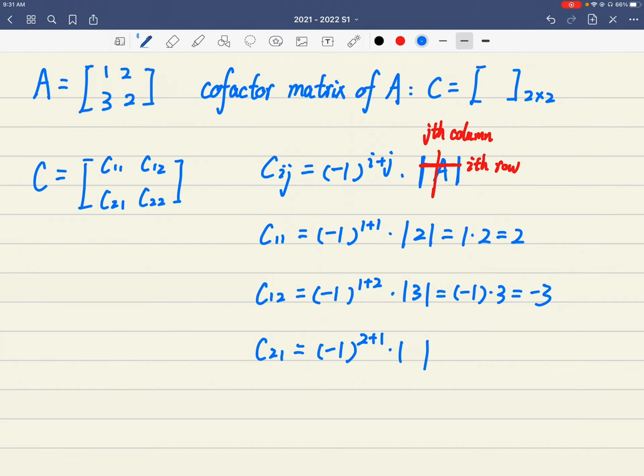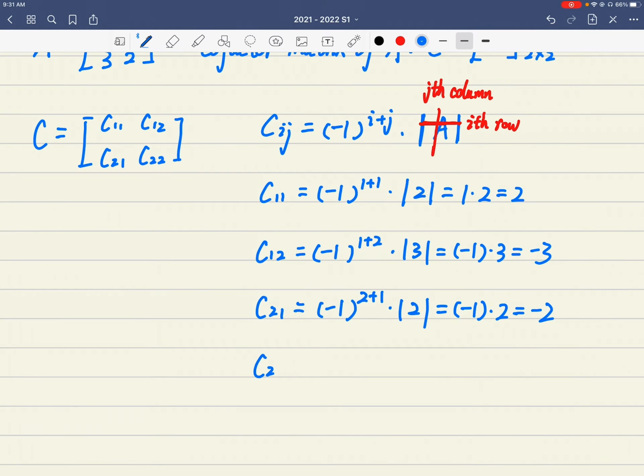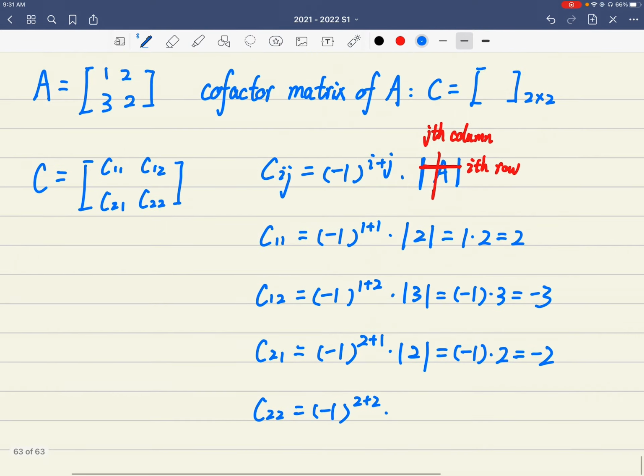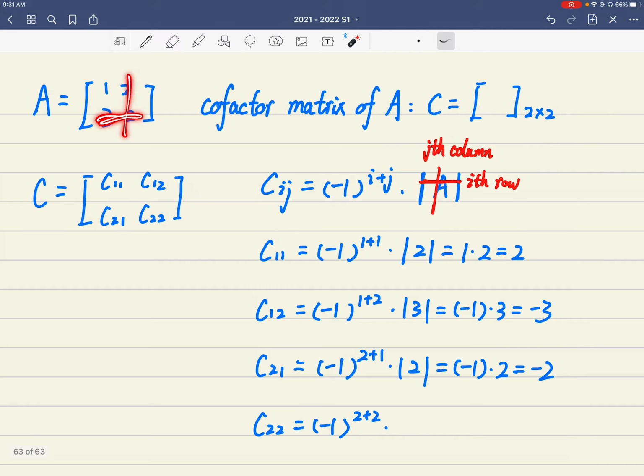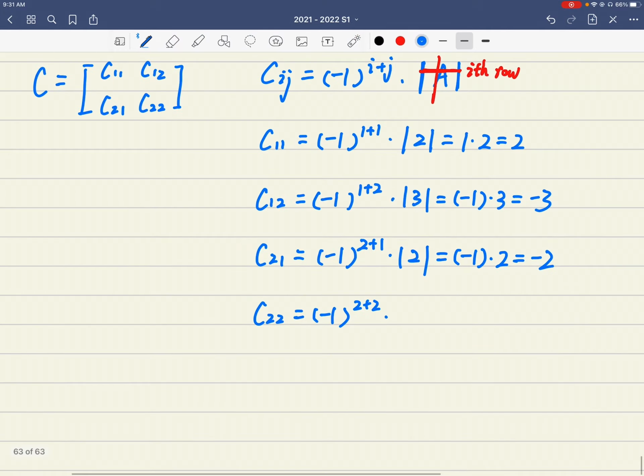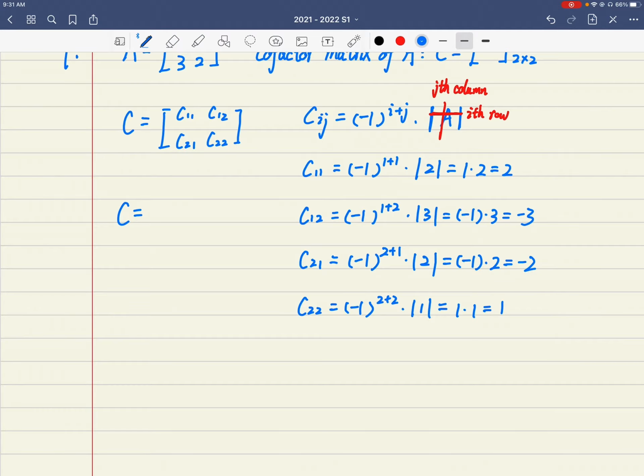So the determinant is 2, so it's -1 times 2, it's -2. And the last entry, C22, is -1 to the power of 2 plus 2 times, now you delete the second row, second column, so here's 1. The determinant of 1, so it's 1 times 1, it is 1. Okay, put everything together, the cofactor matrix of A is 2, -3, -2, 1.